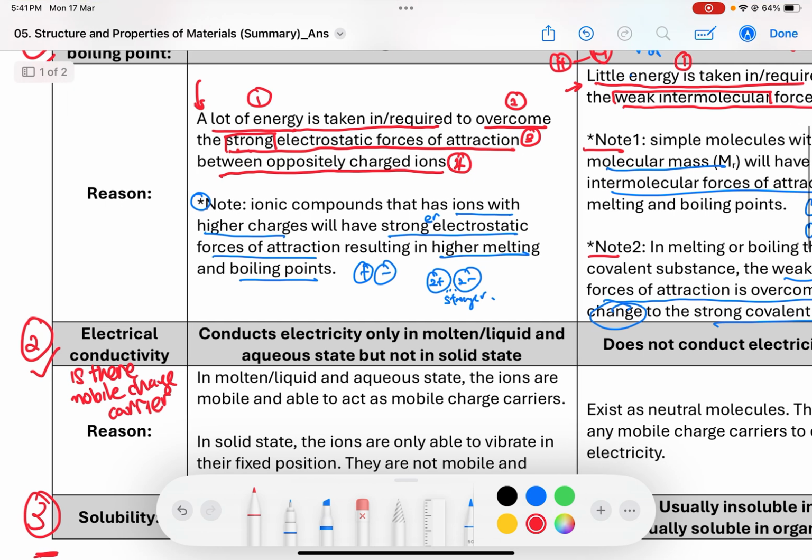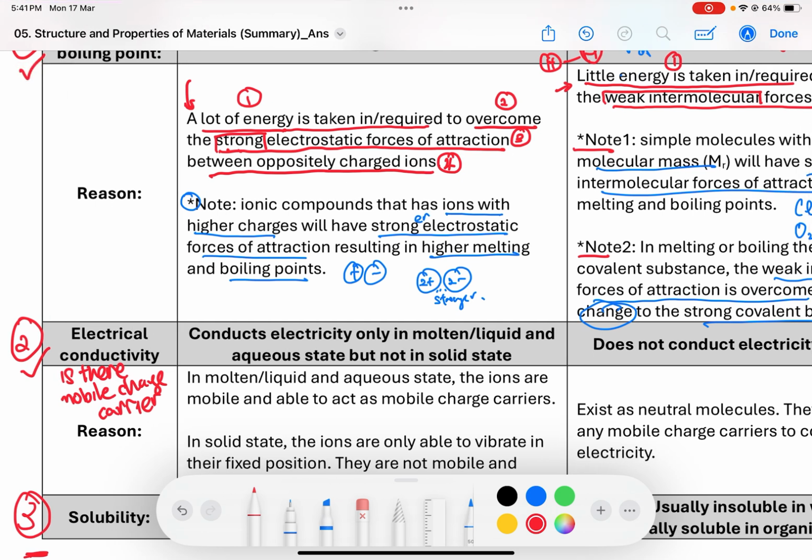So for ionic compounds, they can conduct electricity only in molten, which is a very hot liquid state, or aqueous state, but not in solid state.